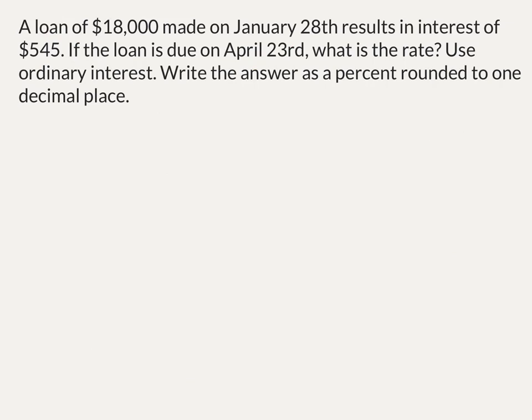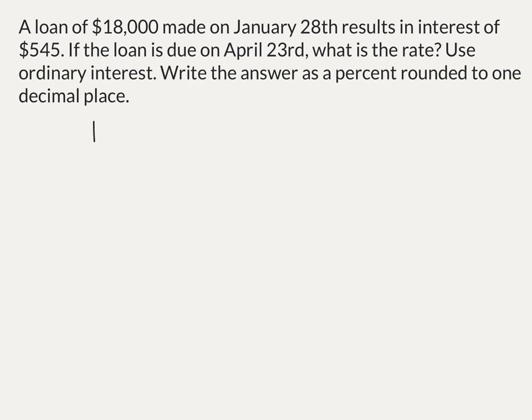A loan of $18,000 made on January 28th results in interest of $545. If the loan is due on April 23rd, what is the rate? Use ordinary interest. Write the answer as a percent rounded to one decimal place. So we want to find the rate.